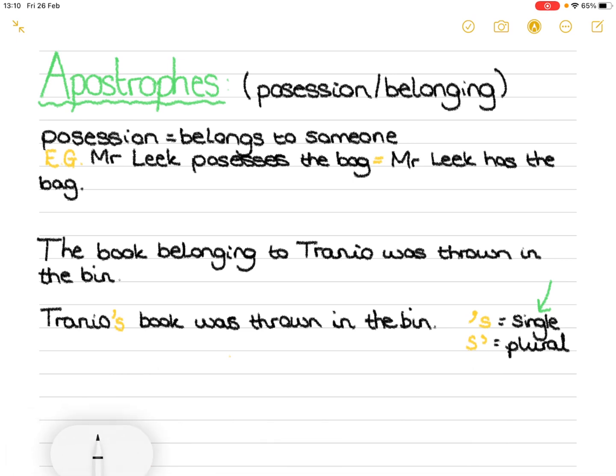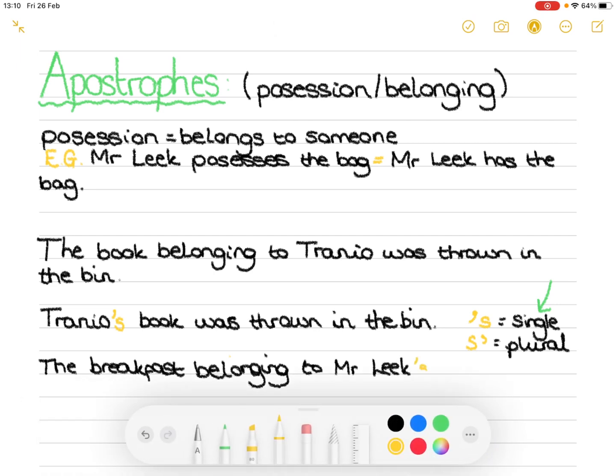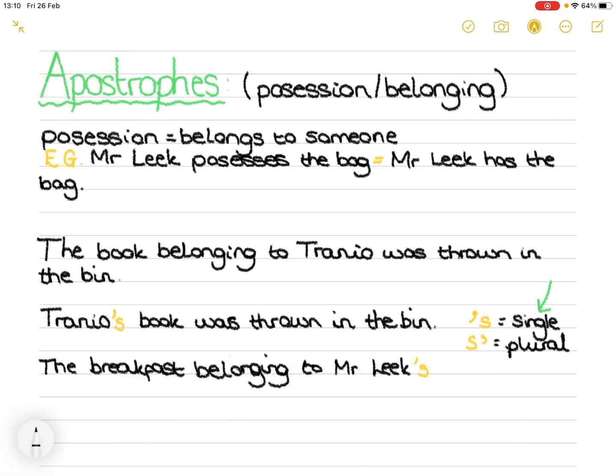Okay, so if we were to use the clunky version, we would say the breakfast belonging, you're going to see an apostrophe in a moment, to Mr. Leek's dogs. So that's a single and that's possessive. They are his dogs. Was missing.